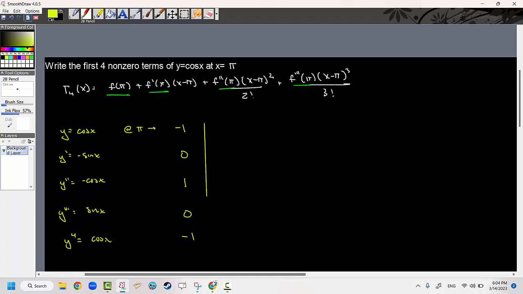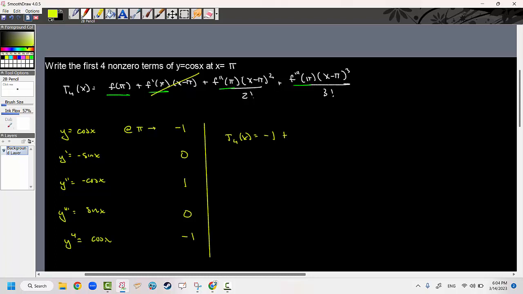Well, when it comes down to writing the Taylor series, what I have is f of pi is negative 1. So I can start by saying t sub 4 of x is equal to negative 1. Now, when it comes to the next term, y prime is going to be 0. So this guy's gone. But then my next term, my double prime, will get me 1.